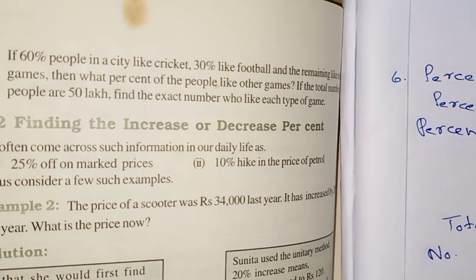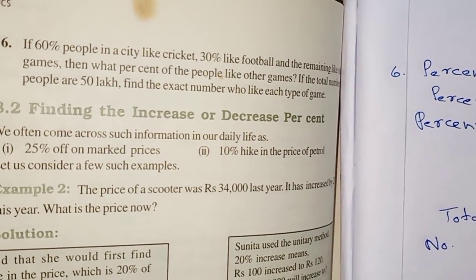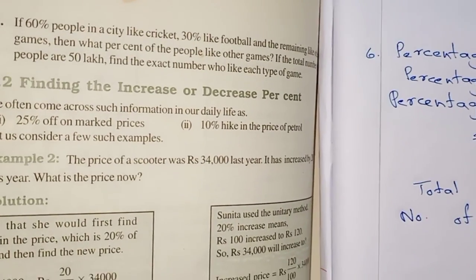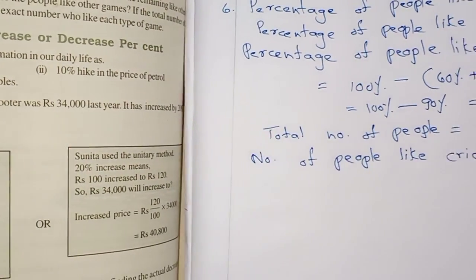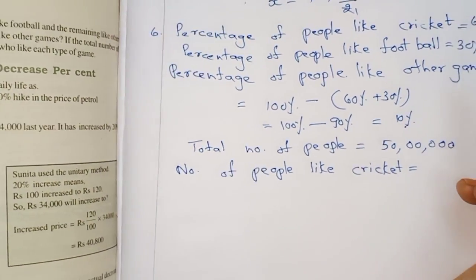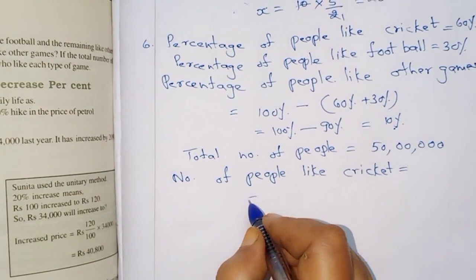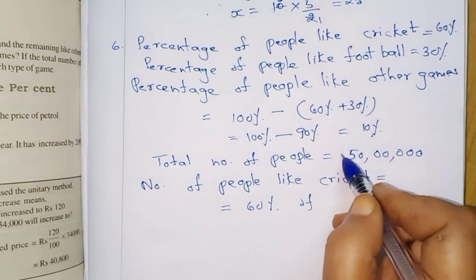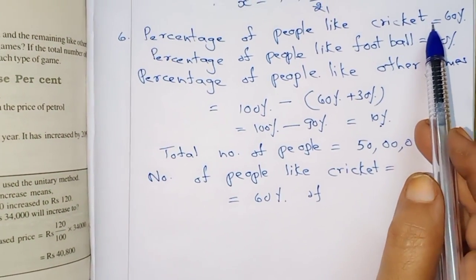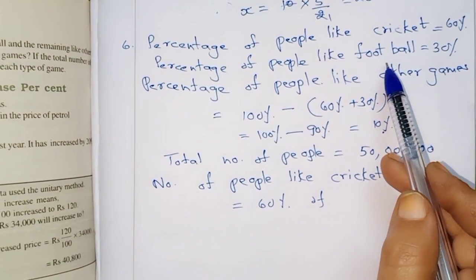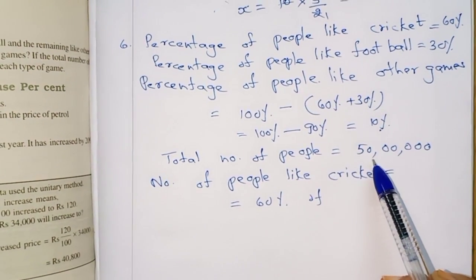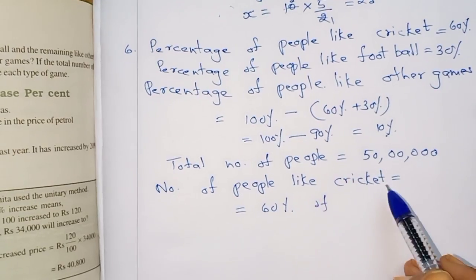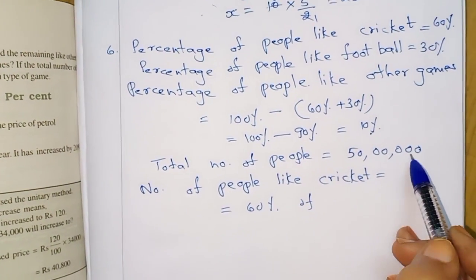Number of people who like cricket is equal to 60% of, here I am writing 60% of. In this 50 lakhs, 60% like cricket, 30% like football, and 10% like other games. So number of people who like cricket is 60% of 50 lakhs.